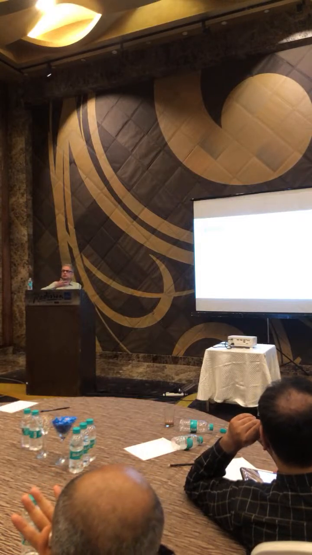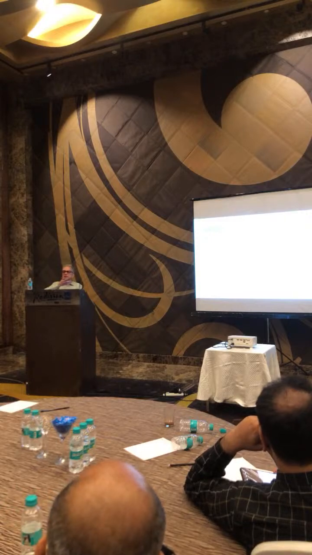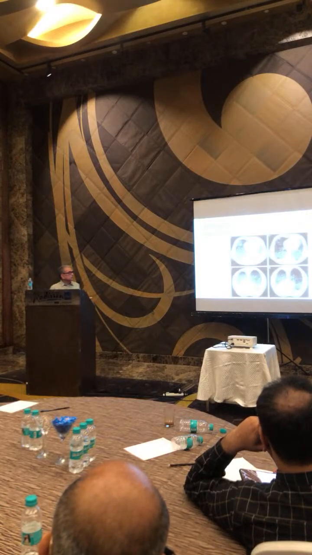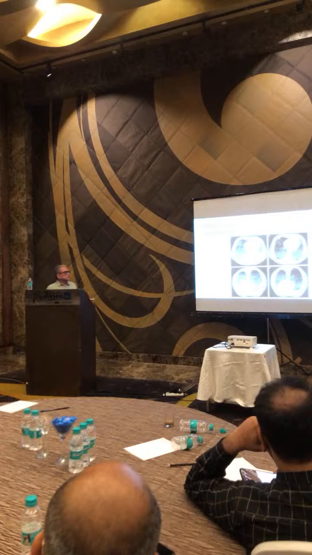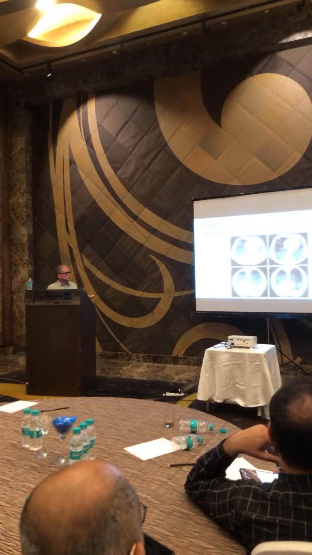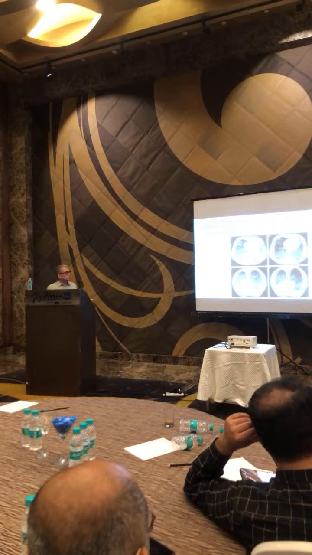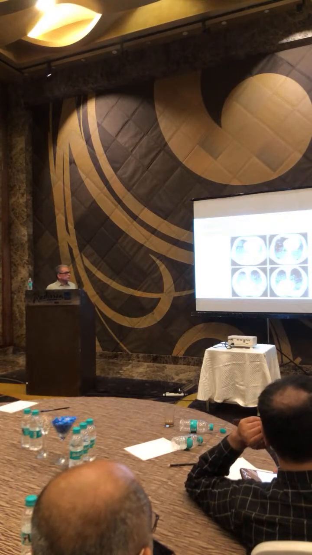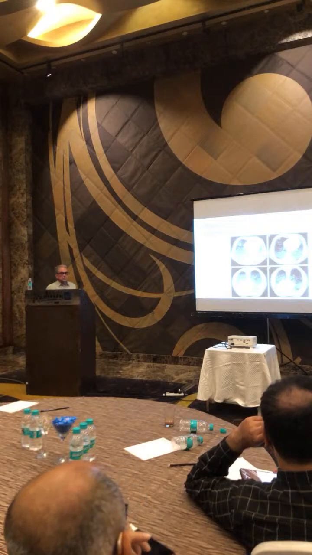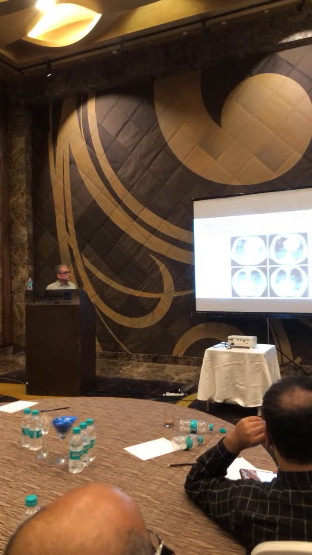And the distribution of the gases is more towards that. So this is inspiration and expiration in supine position, and you can see in prone position the ventilation has improved so beautifully as compared to supine position.